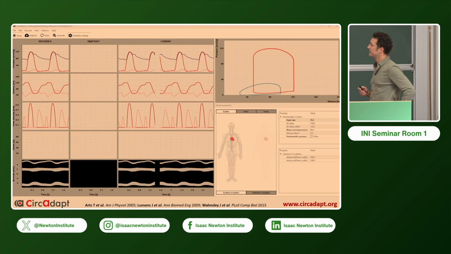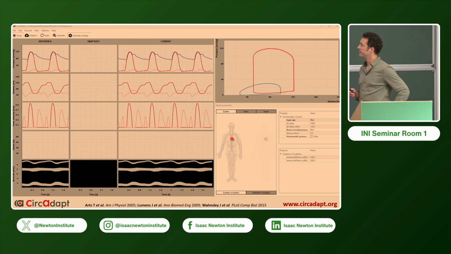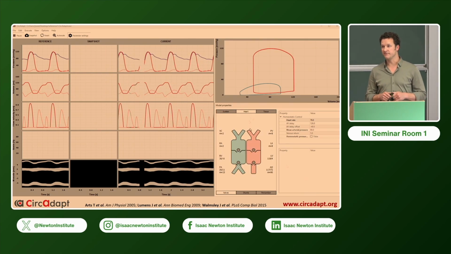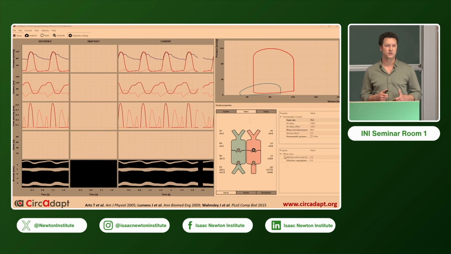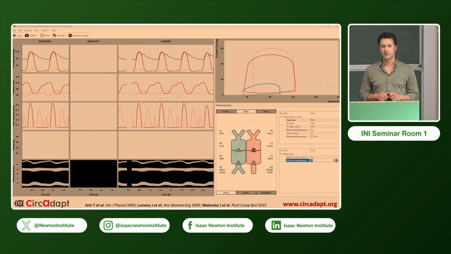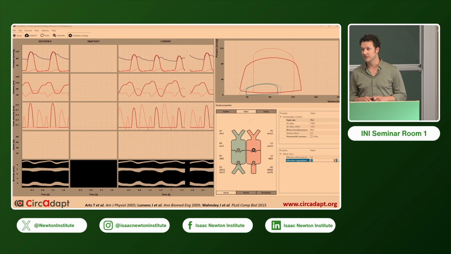How does that look? This is a GIF of the user interface that we built for teaching cardiovascular physiology and pathophysiology to medical students and also engineers. You can download it for free. Give it a try. It's a lot of fun.